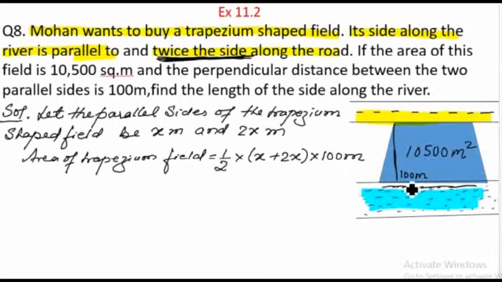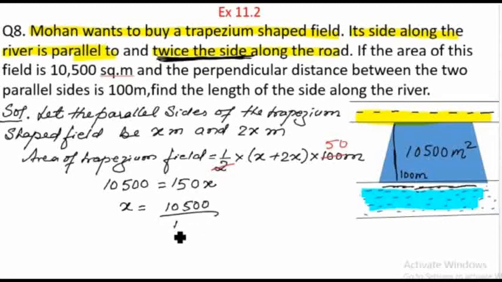Now the area of trapezium is already given in the question, 10,500. So 10,500 is equal to, we can cancel this also, x plus 2x is 3x, 3x into 50 is 150x. So x is equal to 10,500 divided by 150.